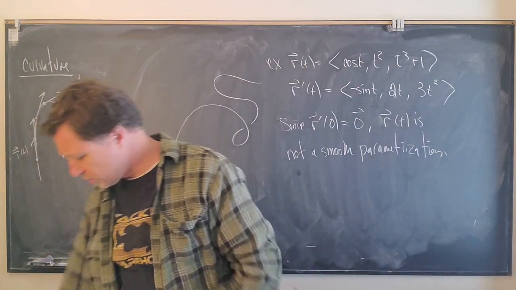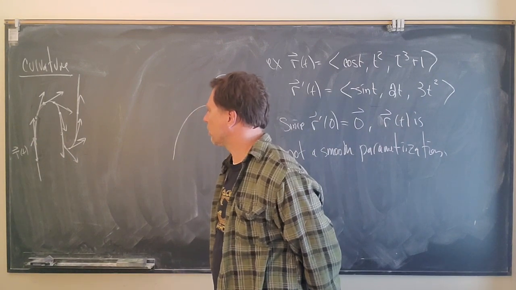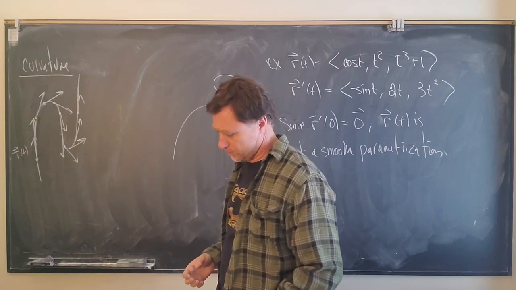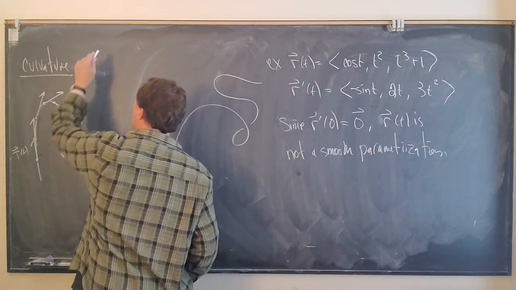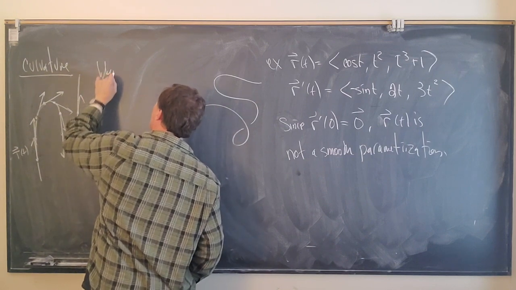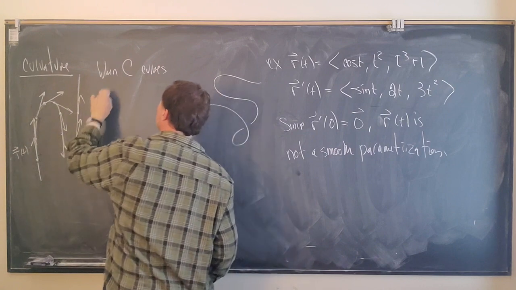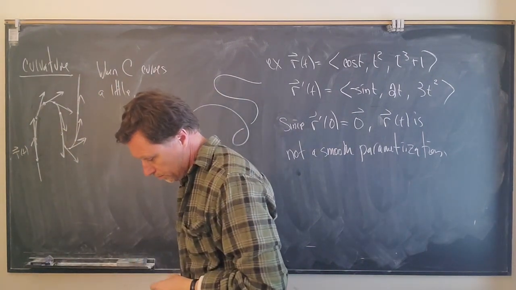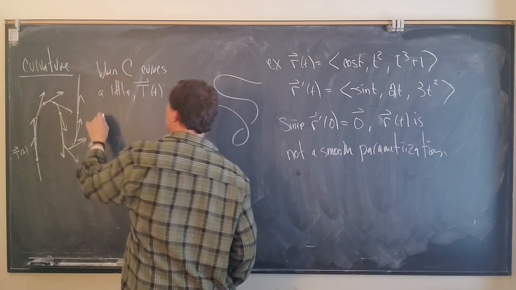So what we'd like to do is capture that in a single quantity. We want to measure the curvature. And so let me just say this. When C curves a little, the unit tangent vector changes slowly.